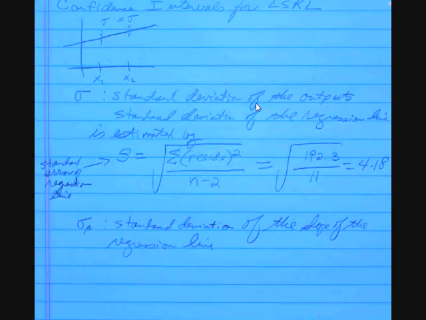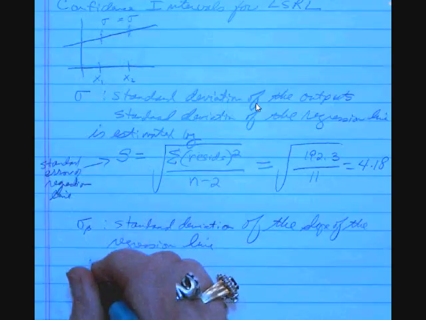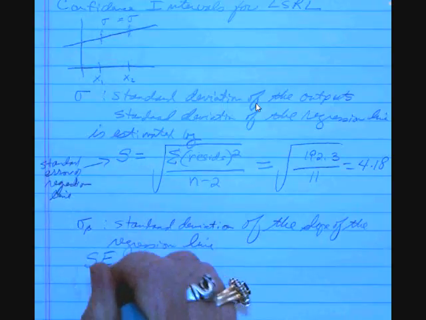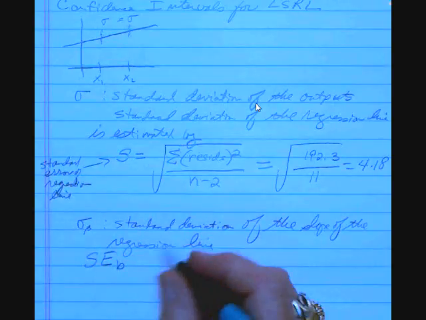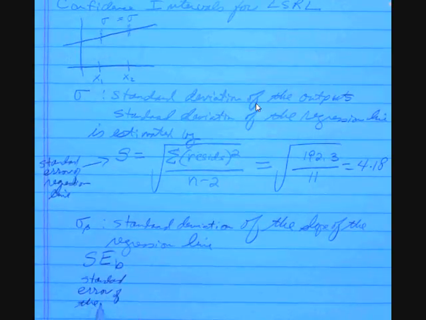I can estimate that with, and this is the important one, this is the SEB, called the standard error of the slope.